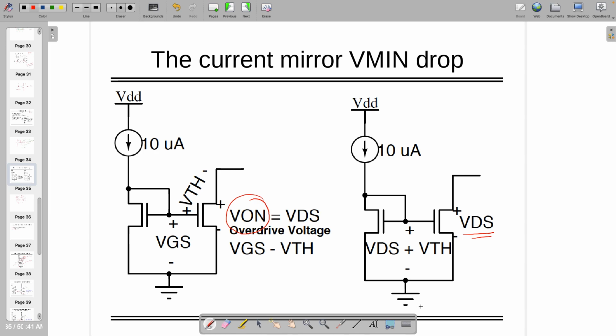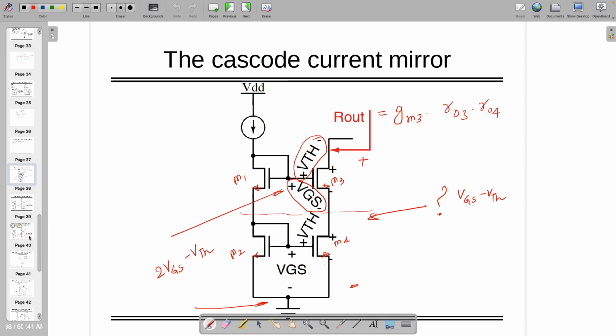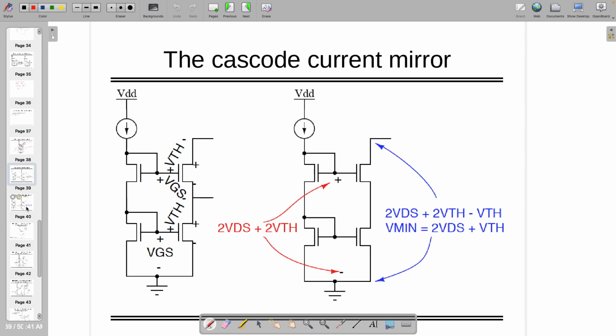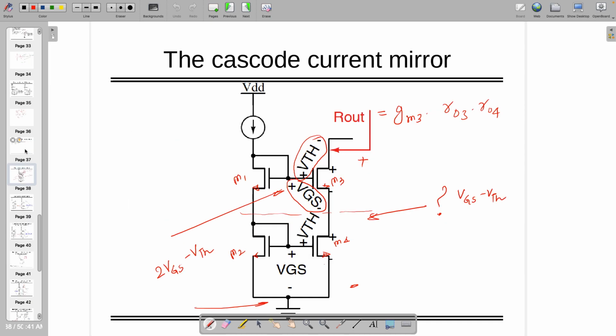One VTH is getting dropped over here. So what's the answer? You're saying 2 VGS minus 2 VGS.